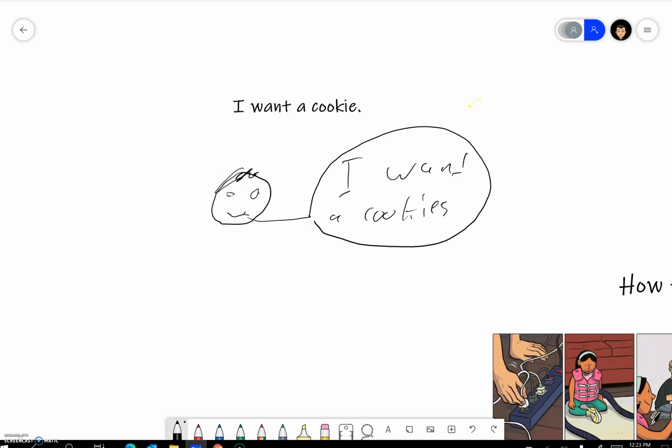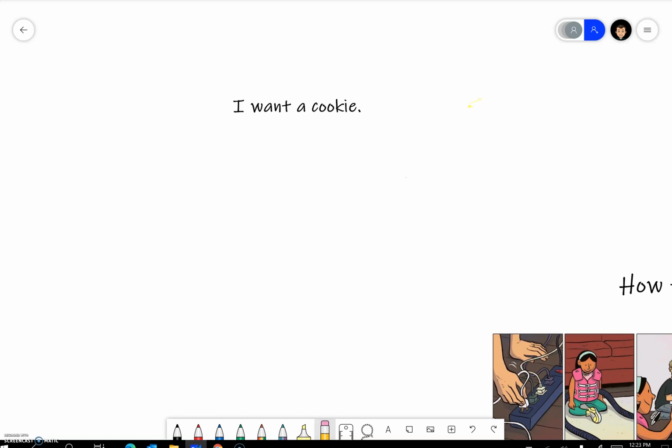So then you see I've got my picture and I know that I am saying I want a cookie. I might actually draw around where I am as well so people know exactly where I am. Okay, now again, you might not be able to do that because you might have lots of speech in your writing and then you can't draw all those pictures, right? But so there's other ways we can do speech in our writing.